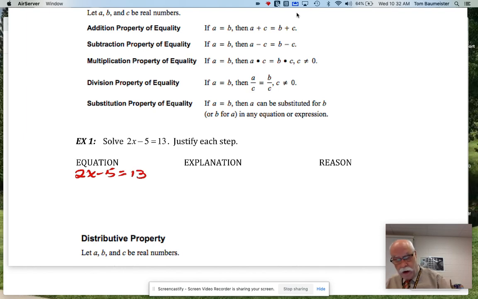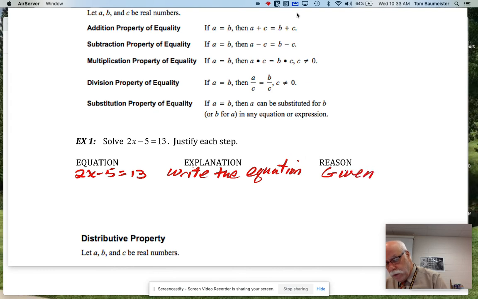Our explanation is that we just wrote the equation, and our reason is because that is what we were given.